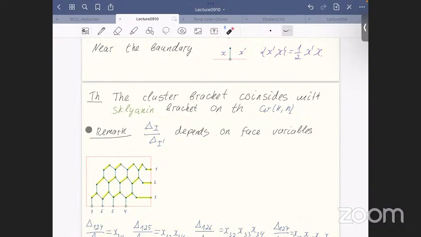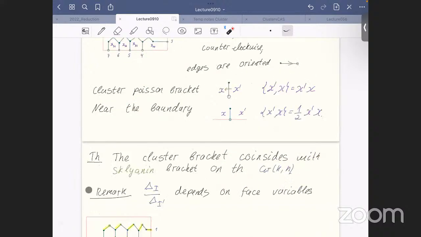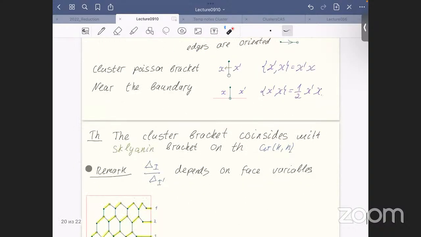So here I defined brackets on the face variables, which are actually cluster X variables, and their ratios of the minors. So this can be expressed through the X variables, and therefore we can compute the bracket.